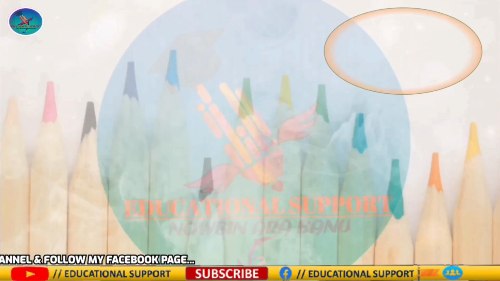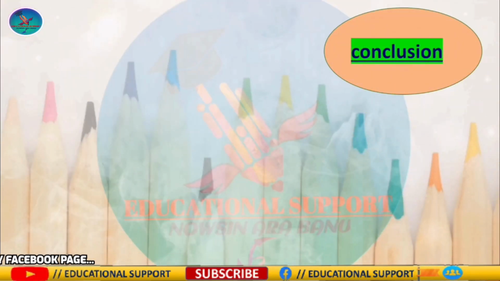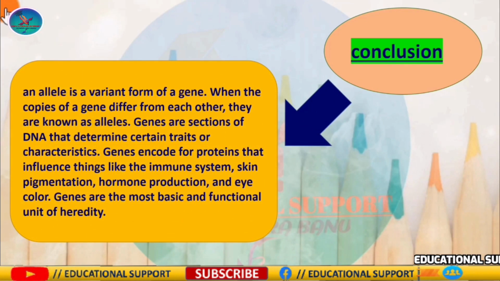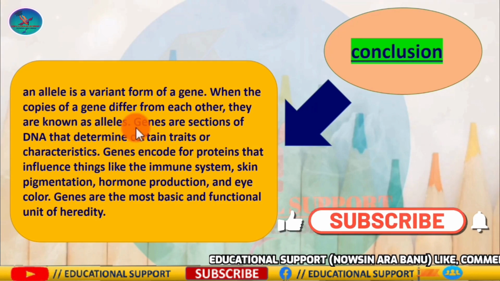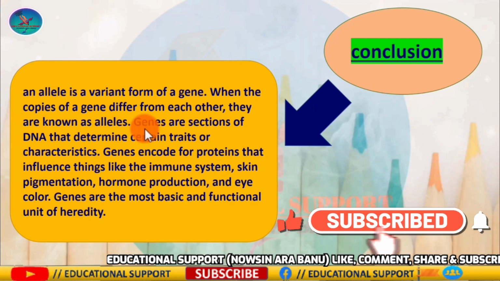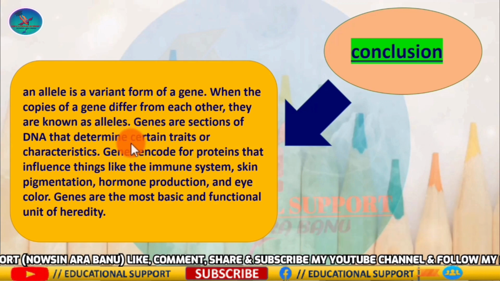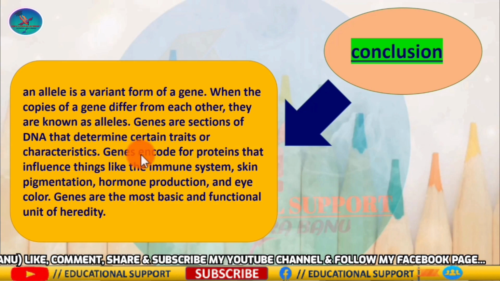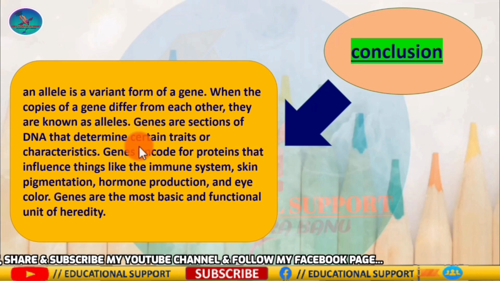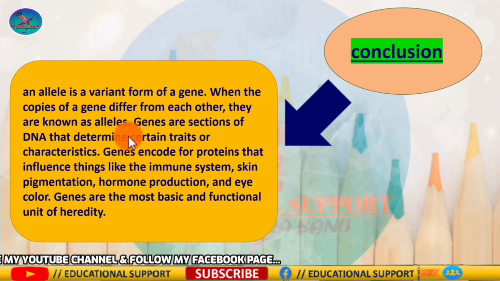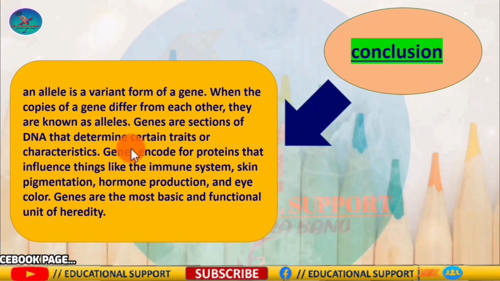So here is the conclusion. The short answer is that an allele is a variant form of a gene. Explained in greater detail, each gene resides at a specific location on a chromosome in two copies, one copy of the gene inherited from each parent. The copies, however, are not necessarily the same.